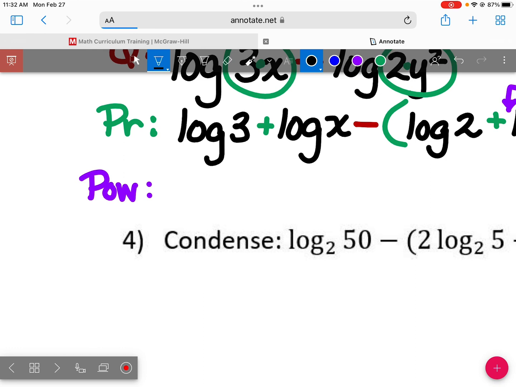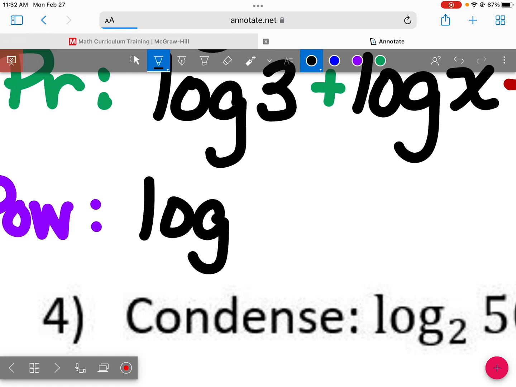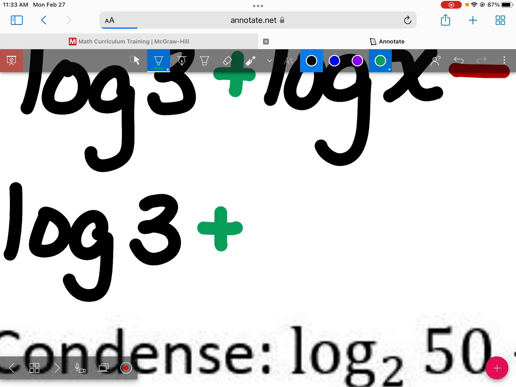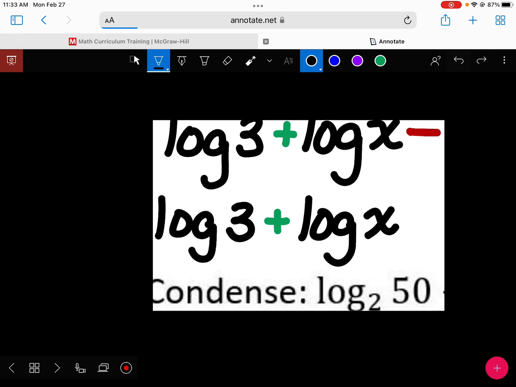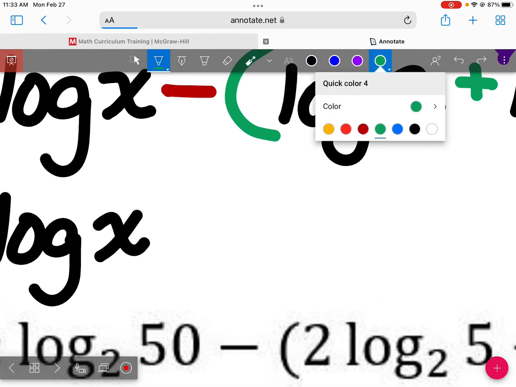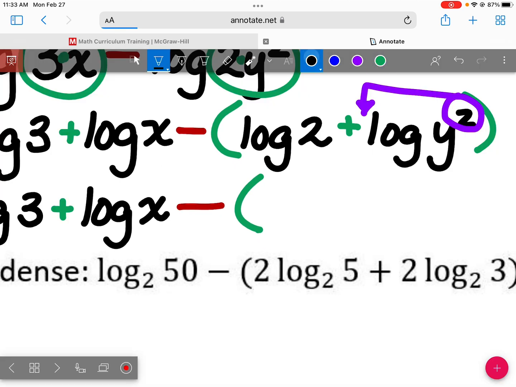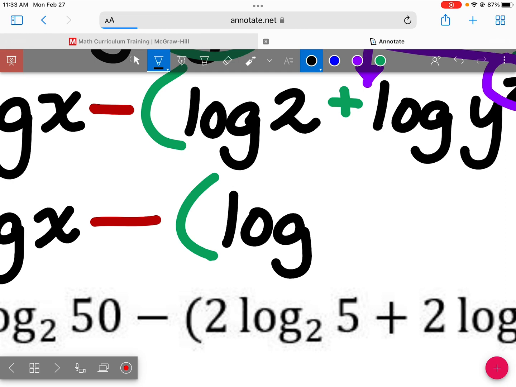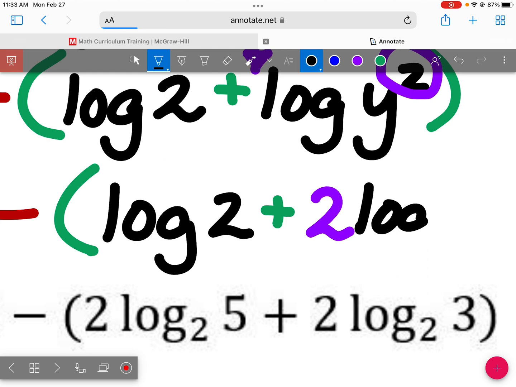So I need common log of 3 plus common log of x minus, and then parentheses, common log of 2 plus 2 common log of y.